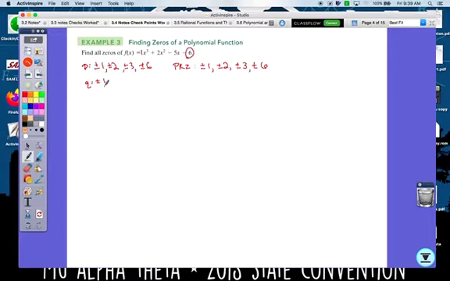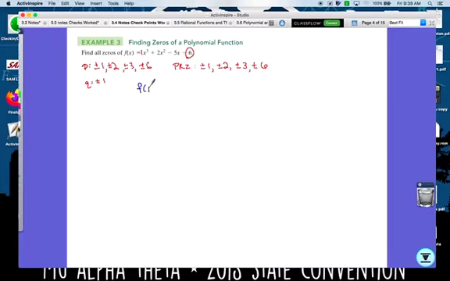All right, so once we find that, we just start trying them. We throw those numbers in there, and what we're looking for is, when I plug one of these numbers in, I want to get 0. So if I plug 1 in, I get 1 to the 3rd plus 2 times 1 squared minus 5 times 1 minus 6.